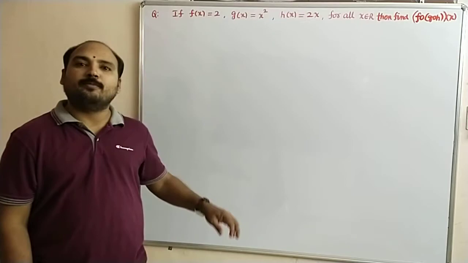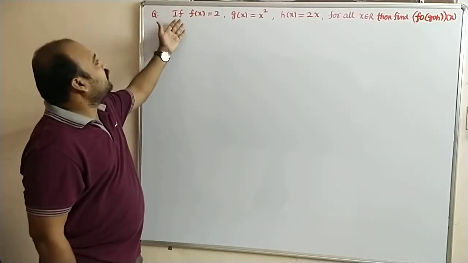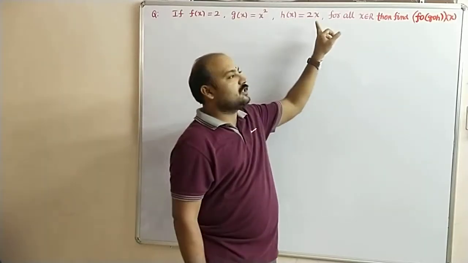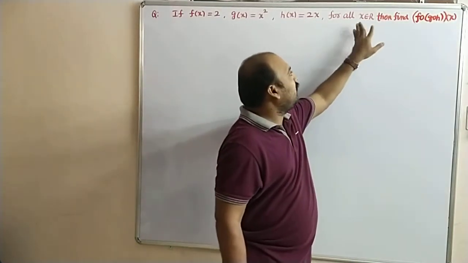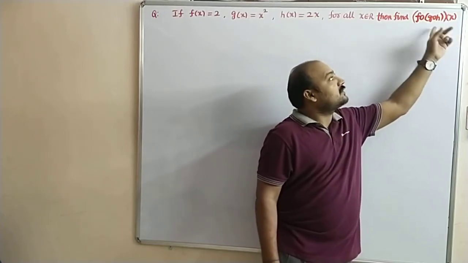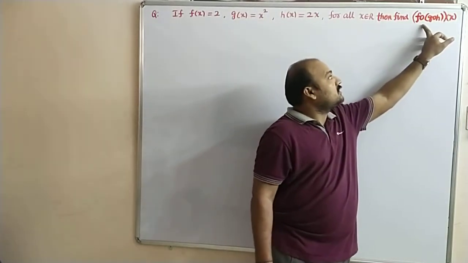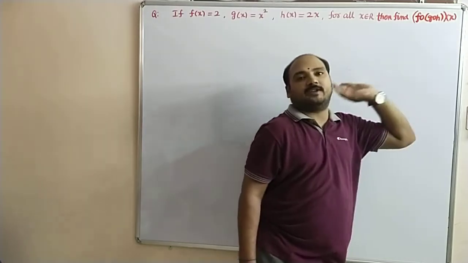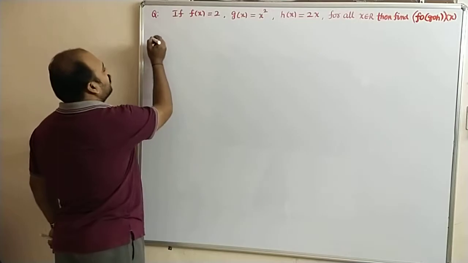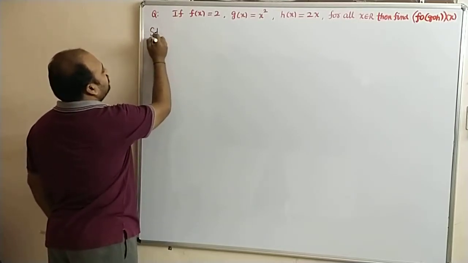The next question, important for 2 marks. If f of x equal to 2, g of x equal to x square, h of x equal to 2x, then for all x belongs to R, find f circle g circle h of x. So now we have to calculate. First you have to write the given functions.